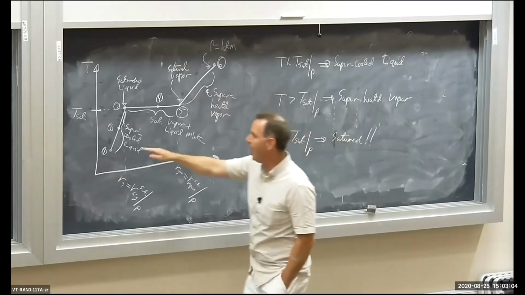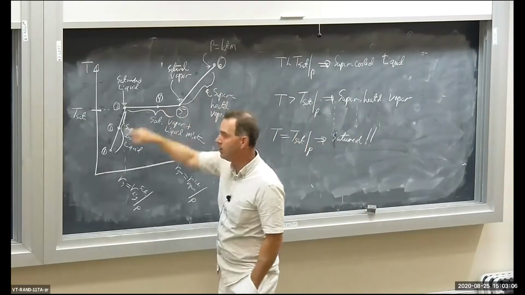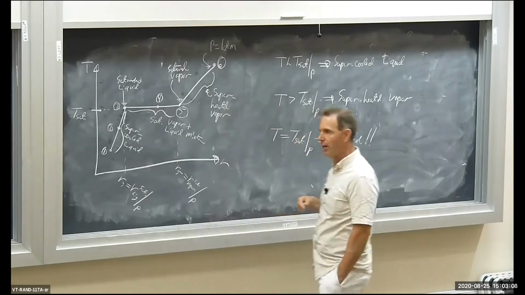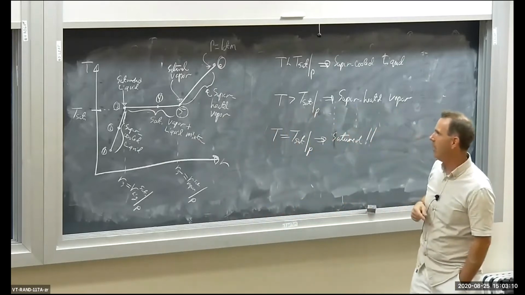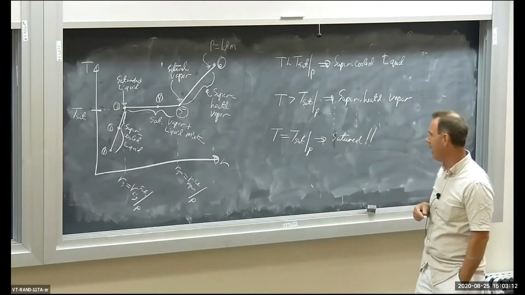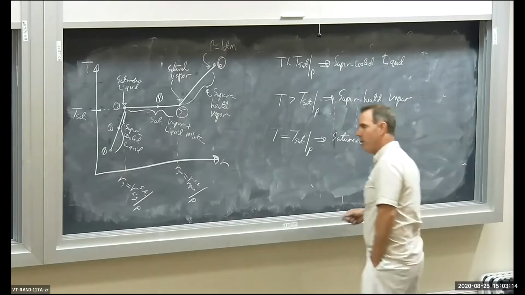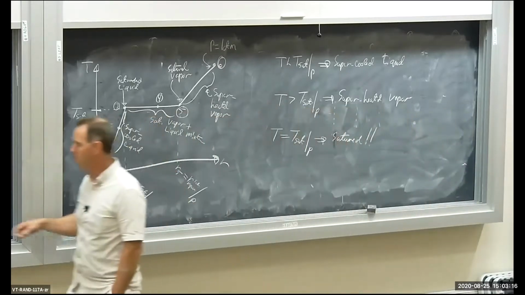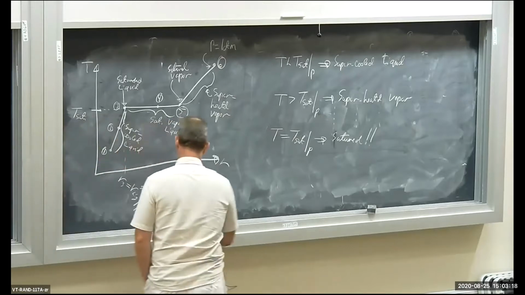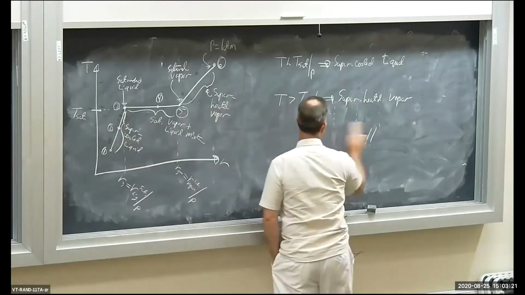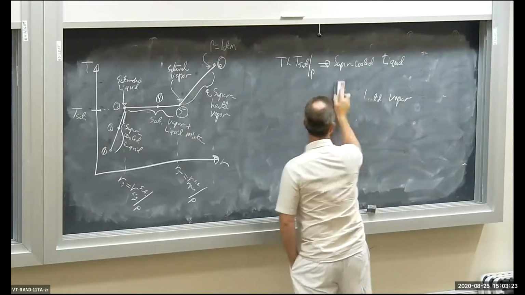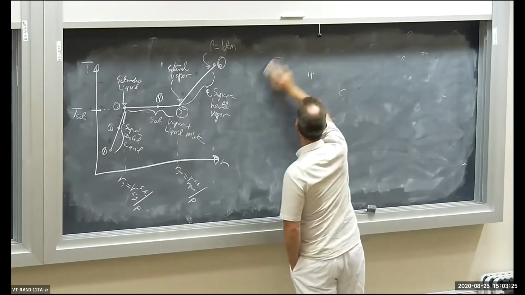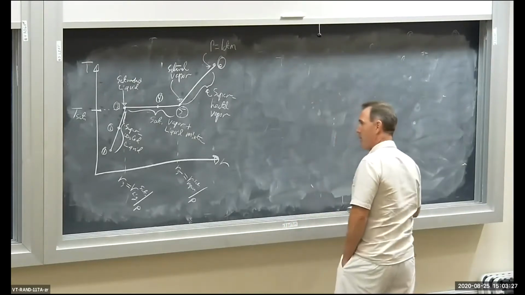This is an isobar. Isobar means same pressure. What if I were to conduct this experiment for many different pressures? Let me reduce the pressure, rerun the experiment. Let me increase the pressure, rerun the experiment.